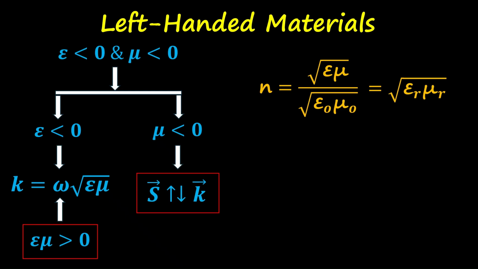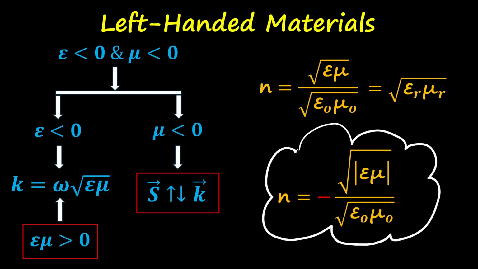These two features are different from right-handed materials. So in order to differentiate this exotic behavior, we take the refractive index to be negative for left-handed materials. This is how the negative refractive index comes into the picture.